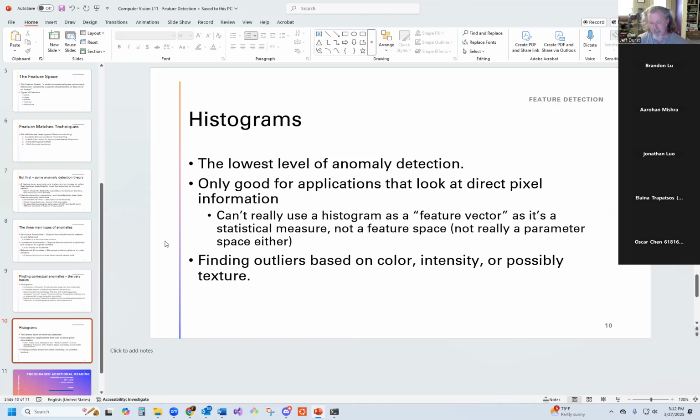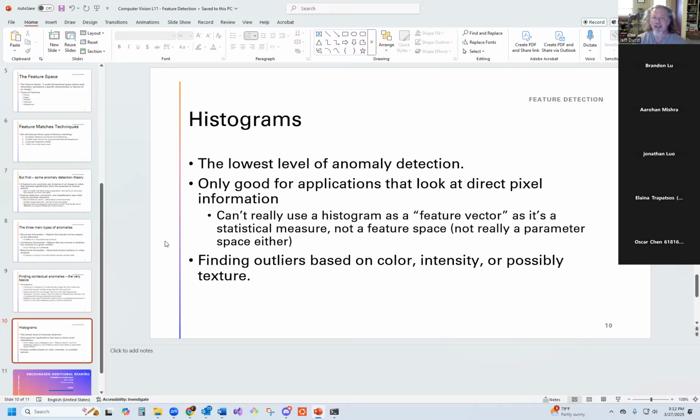So when we're thinking about doing anomaly detection in images with histograms, which we're going to see in a minute, we're never really going to do it because it is not a good way of doing it.